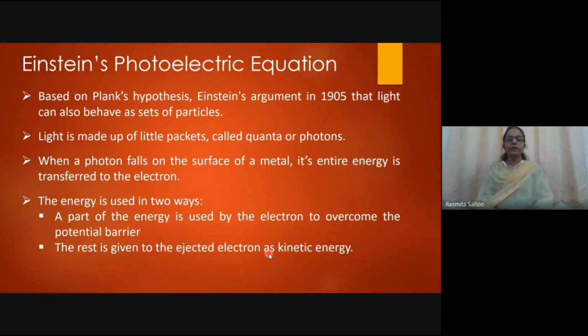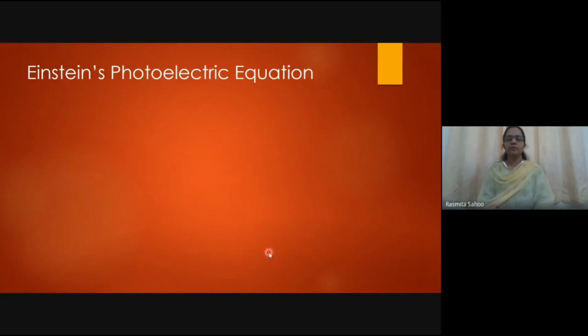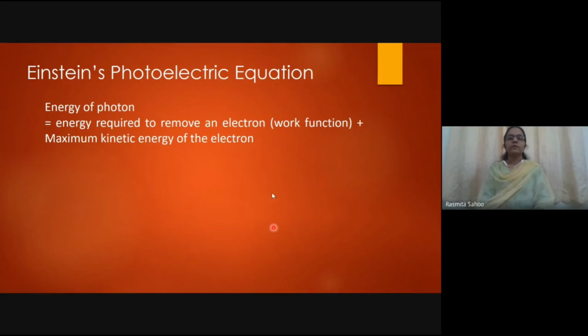Taking these things into account, he developed the equation to explain the observations obtained by experiments. The energy of the photon is equal to the energy required to remove an electron plus the maximum kinetic energy of the electron.